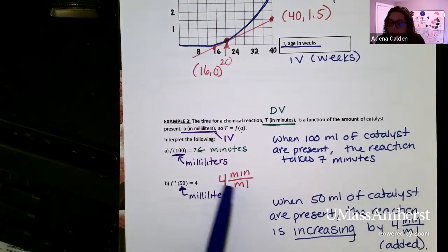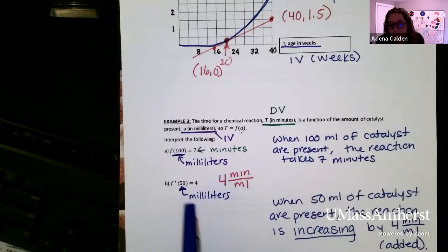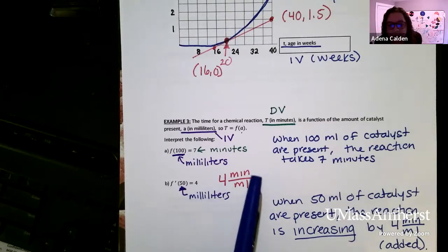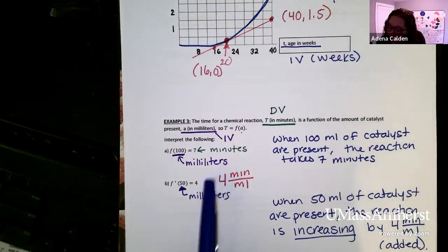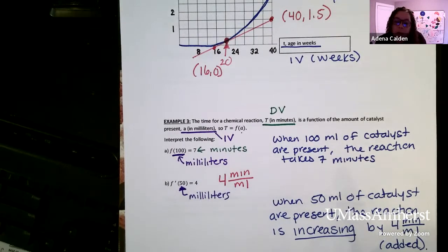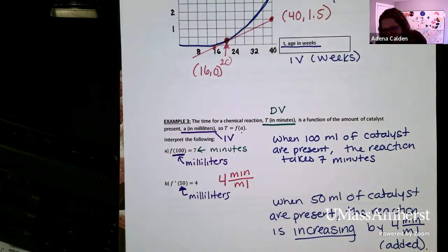What this rate is telling me is that when I have 50 milliliters of catalyst present, the reaction is speeding up by 4 minutes for every milliliter that I add. Because this is positive, I know that the reaction is increasing. I could use the word changing if I wanted to be a little less specific, if I was a little bit worried about making sure to justify that. But in reality, what's happening is the reaction is increasing by 4 minutes per milliliter added.